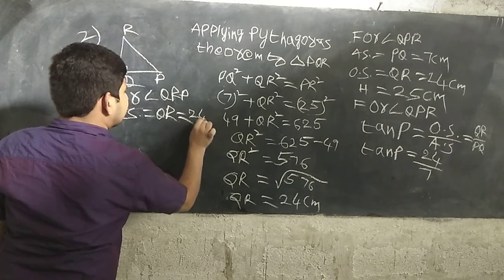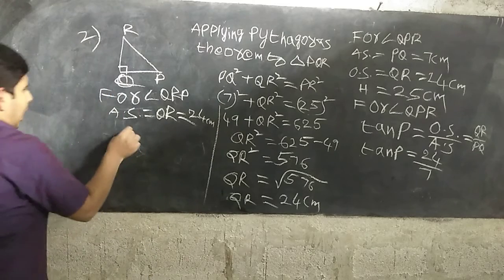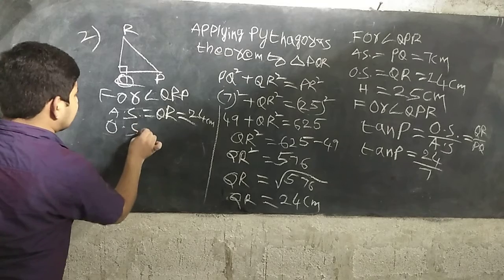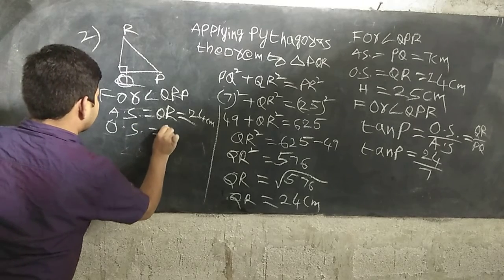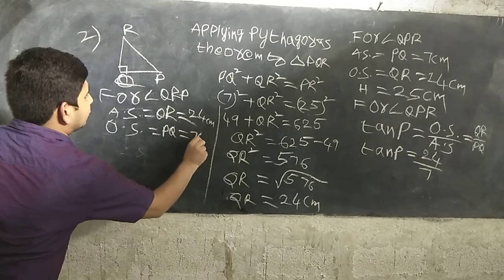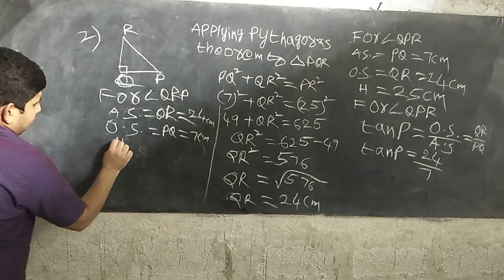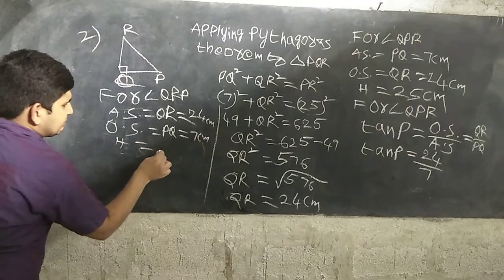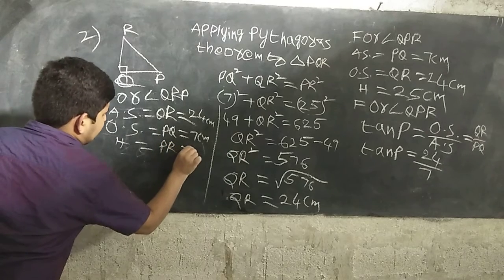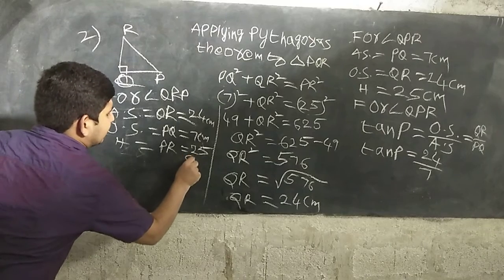Now, opposite side equal to PQ. PQ equal to what? 7 centimeters. Hypotenuse equal to what? PR, equal to 25 centimeters.